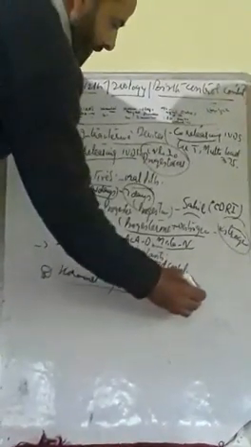Now another method is hormonal injection. The hormones are injected to prevent ovulation. For example, Depo-Provero.